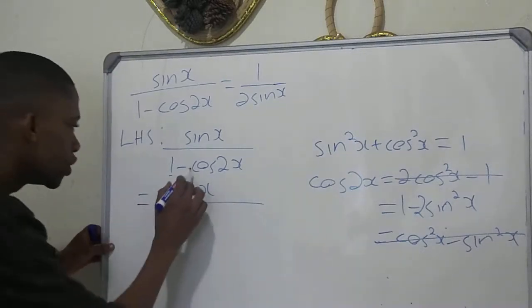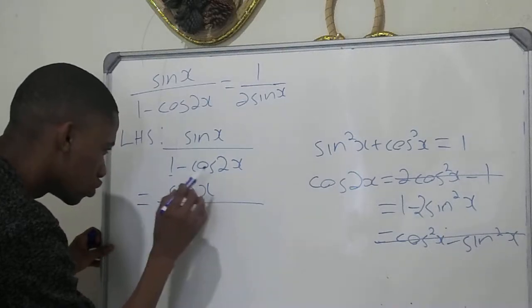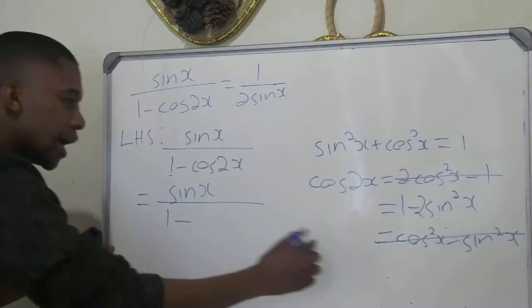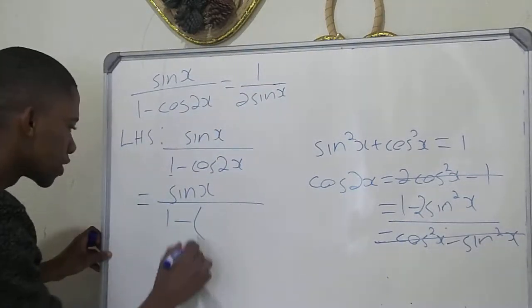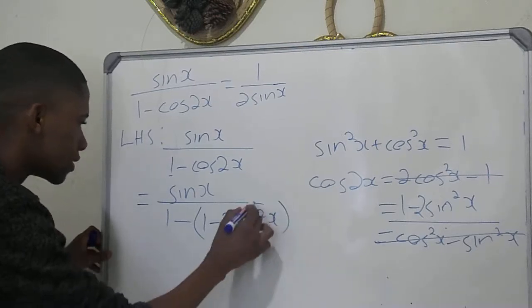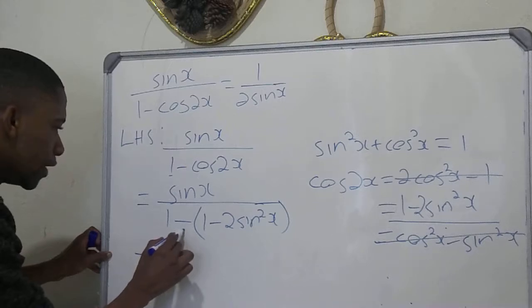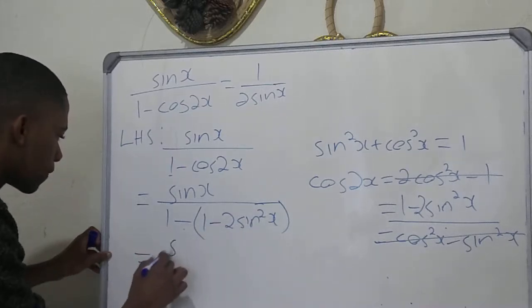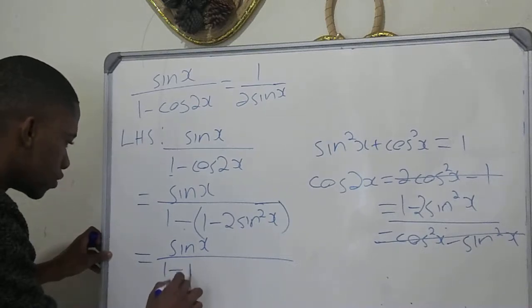So we're gonna change this cos 2x into, remember, because it has two terms, you have to put it in a bracket. So it's going to be 1 minus 2 sine squared x, alright? And we have to multiply each term inside the bracket by minus 1.